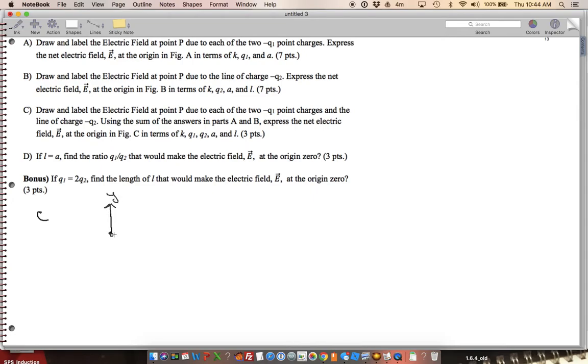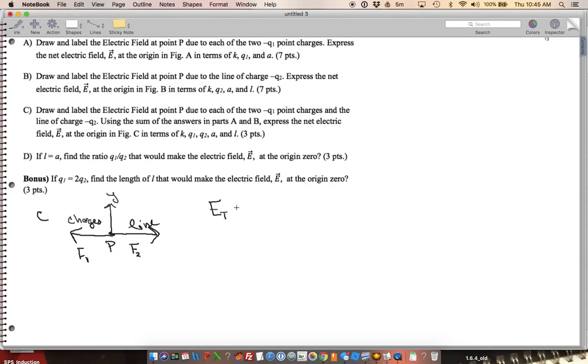This is my P. This is the force due to the line, and this is my force 1, which is due to the charges. This is P.